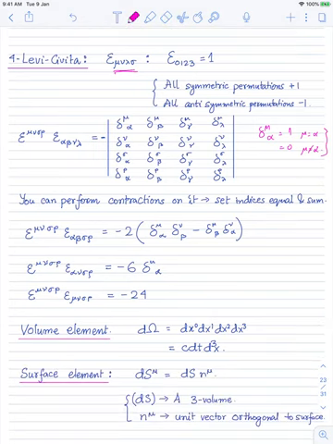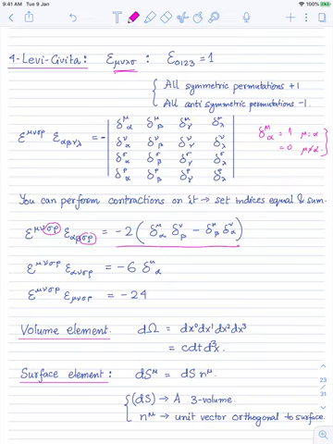You can now perform contractions. Here you can set the indices equal. When 2 indices are equal, you will get this; you can just verify by contracting from here.